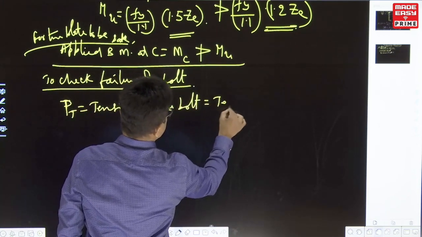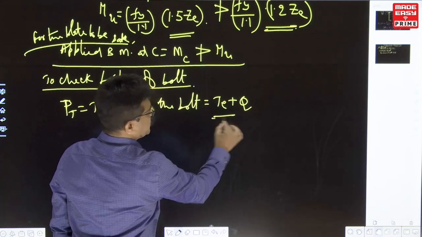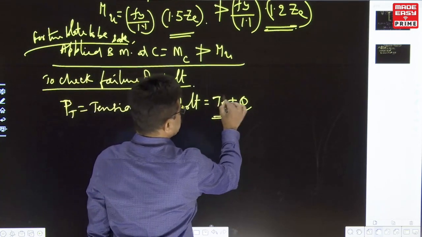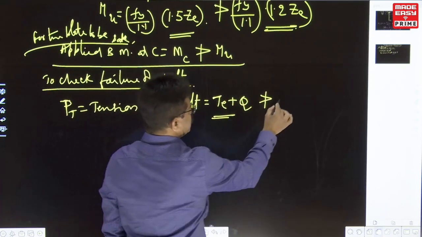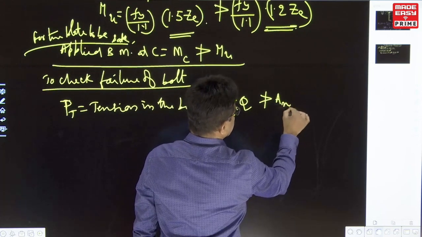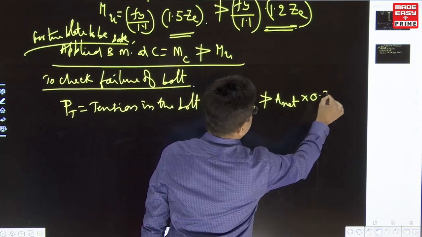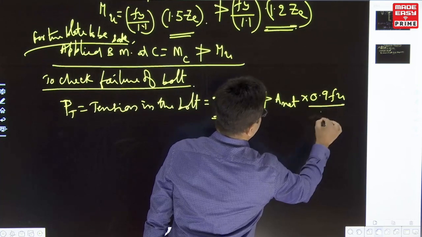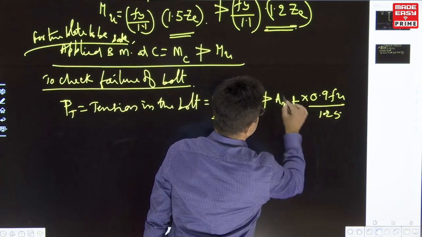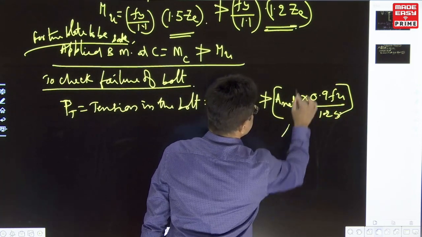Tension in the bolt, Te plus Q, this is what you got, the maximum tension. This value should never exceed the net area of the bolt into 0.9 Fu by 1.25. This is the tension capacity of the bolt.